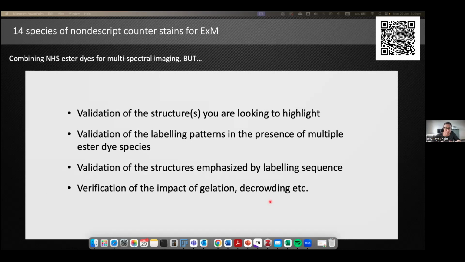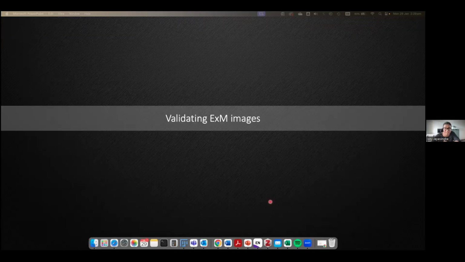So, what is the labeling sequence? At what point of the expansion pipeline do you apply the dye, for example? And this project actually was quite a stressful one, because it was very hard to nail down the rules, if you like.